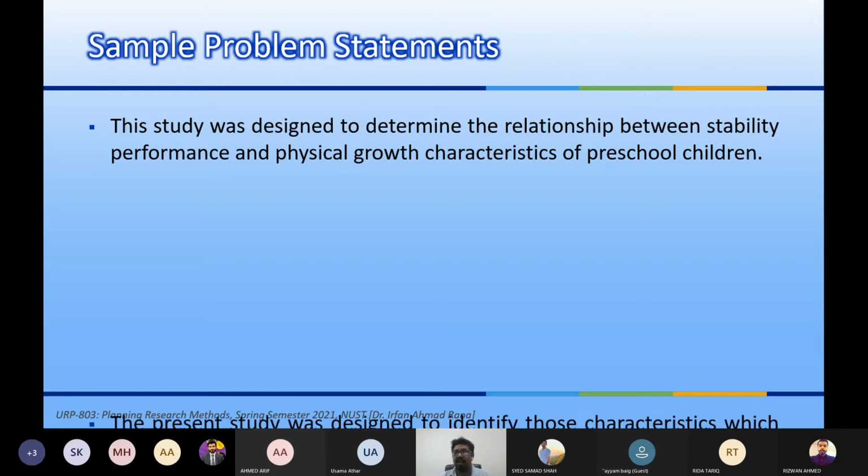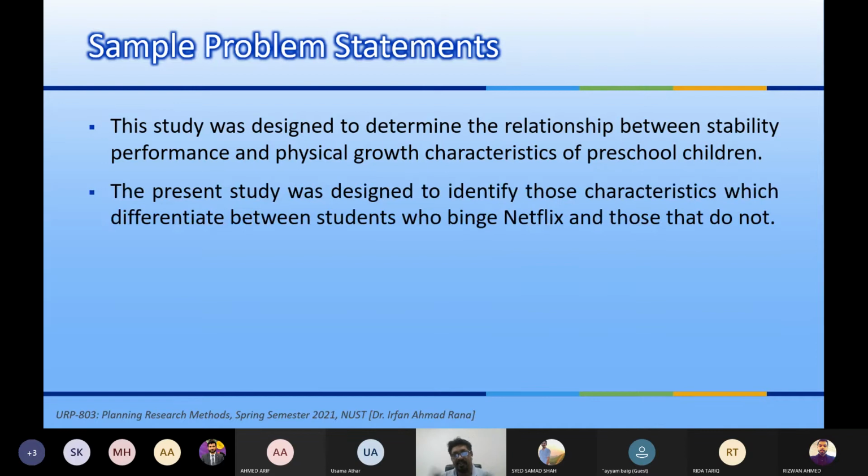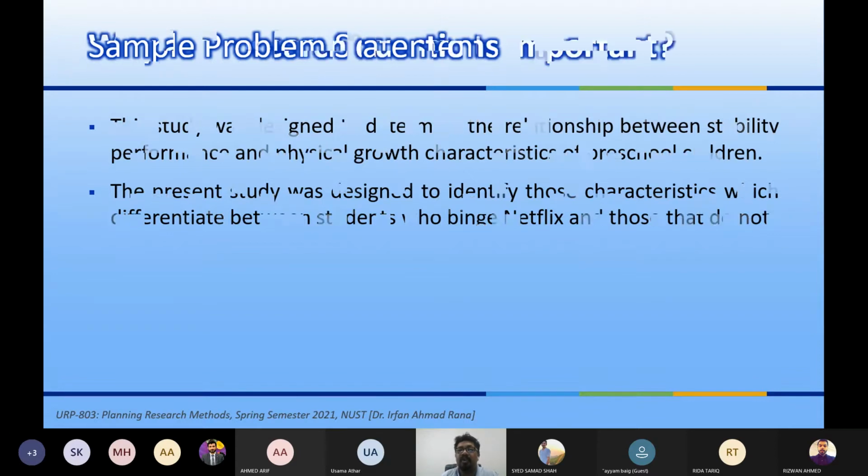This is a problem statement. Another study was designed to identify characteristics which differentiate between people who binge Netflix and those who do not. So what makes students watch Netflix and why do others not? These are sample problem statements.